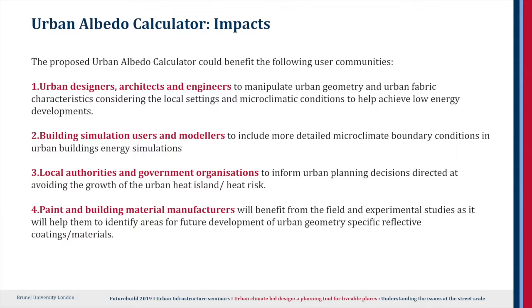So this tool, the Urban Albedo Calculator, is expected to benefit a range of users and actors of the planning and design process, like urban designers, architects, and engineers that can use it to test the impacts of their design on urban climate. On the other hand, building simulators and modelers could use it to have a more accurate description of the urban context to perform their thermal simulation.